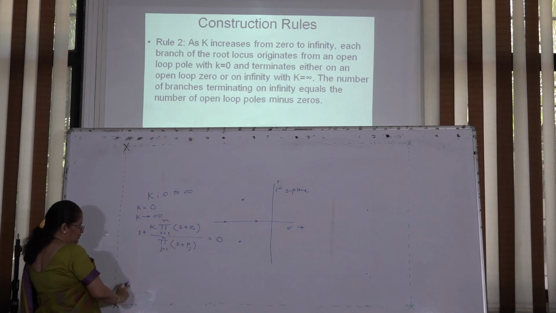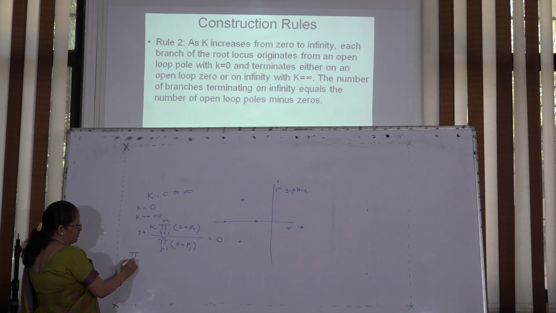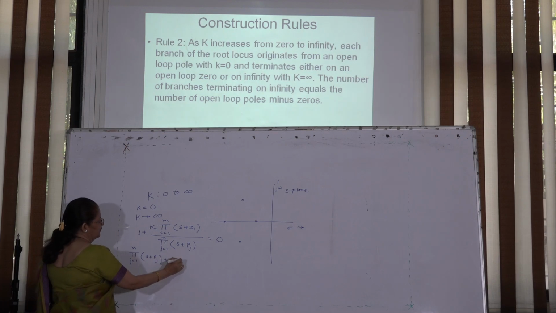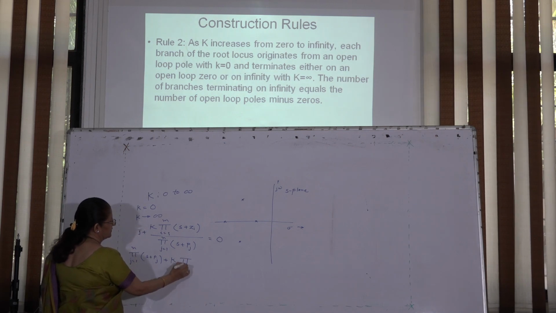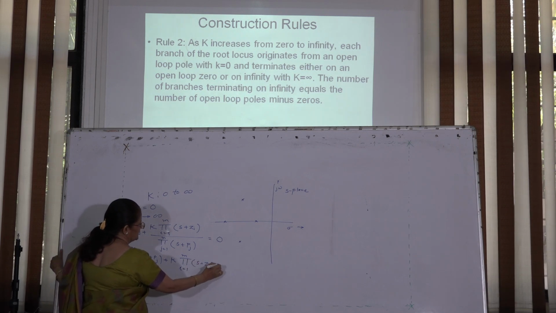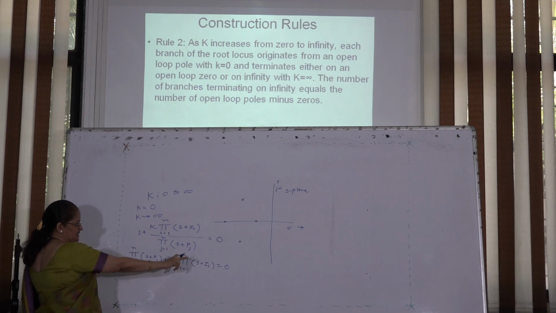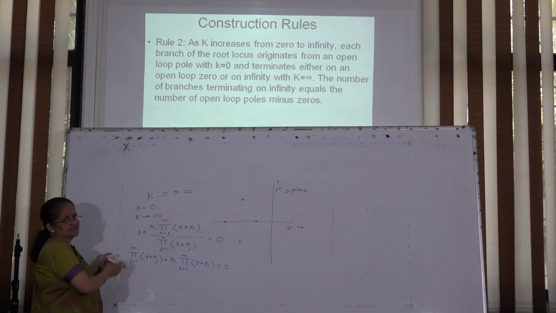Now, let us simplify it. What we get is the product over j from 1 to n of (s plus pj) plus k into the product over i from 1 to m of (s plus zi) equal to 0. The denominator is the product of (s plus pj), but as the whole is 0, the numerator will be 0. Consider first k equal to 0.